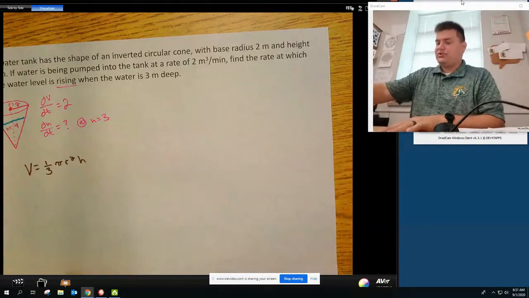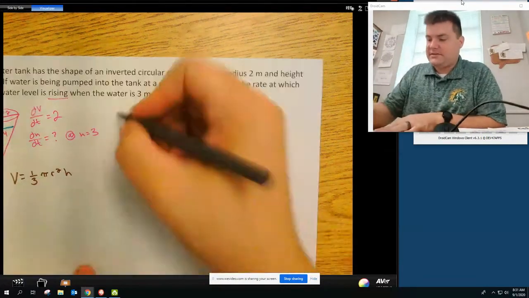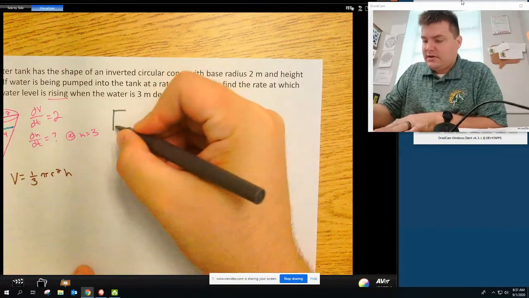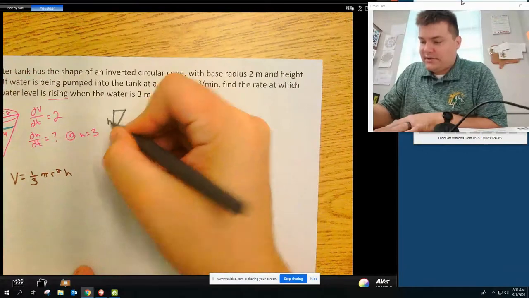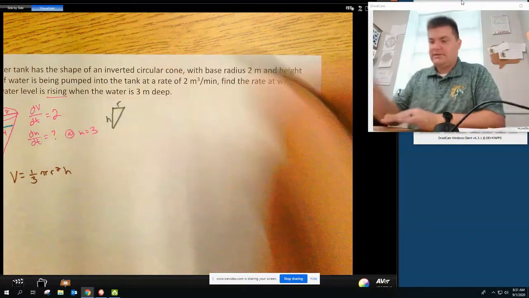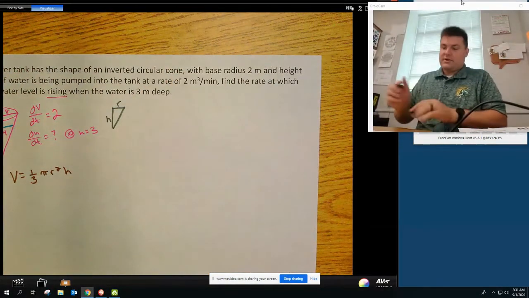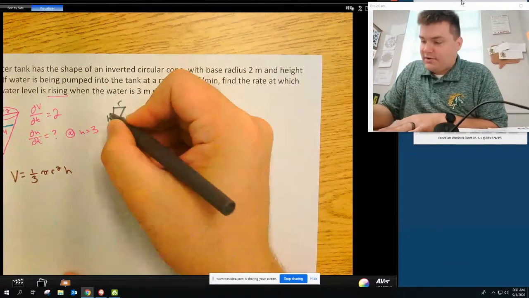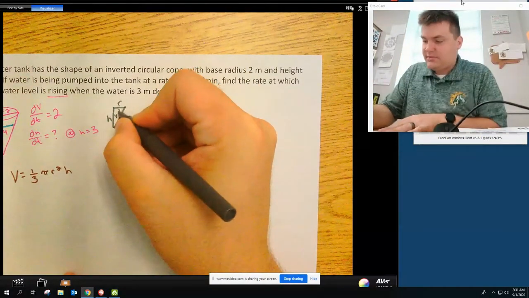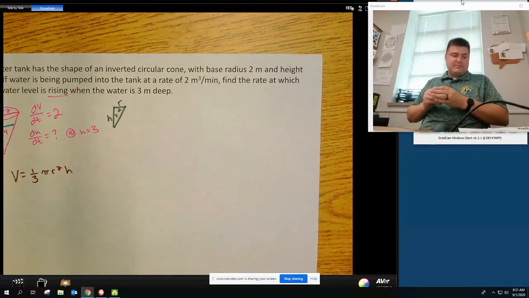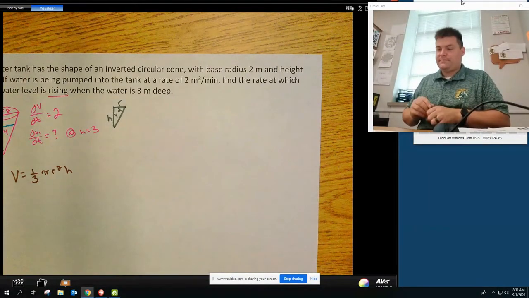So if I were to draw like a side view of this cone, I would get this right here. So I get H and this is R, correct? So this H is 4 and this R is 2. So this actually makes a nice little proportion.